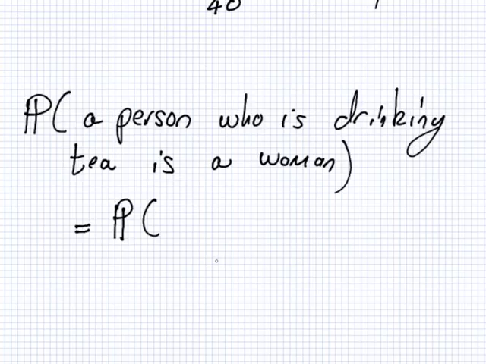So what you know about them is that they're drinking tea. So you want the probability of a woman, given that they are drinking tea. If you picture this in your mind, you know they are a tea drinker. They are sitting down drinking tea. You want to know the probability that that person is female rather than male.